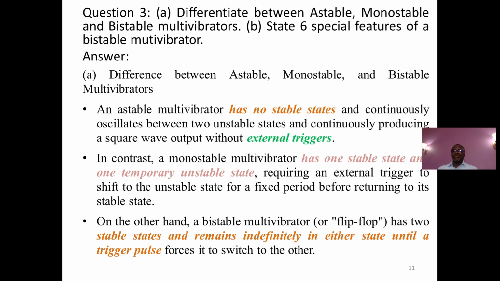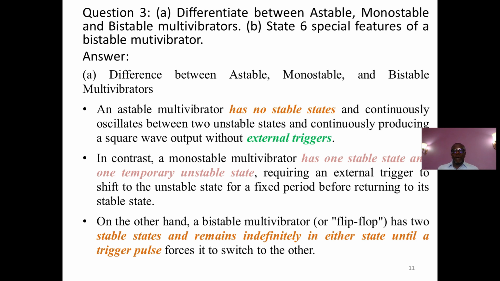Monostable has one stable and one temporary unstable state, and remains at the stable one until you apply an external trigger. It moves to the unstable one momentarily and comes back to the stable one and remains there until you apply an external trigger again. While the bistable has two stable states.